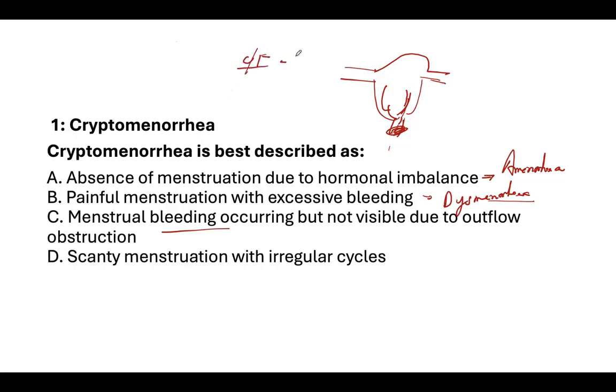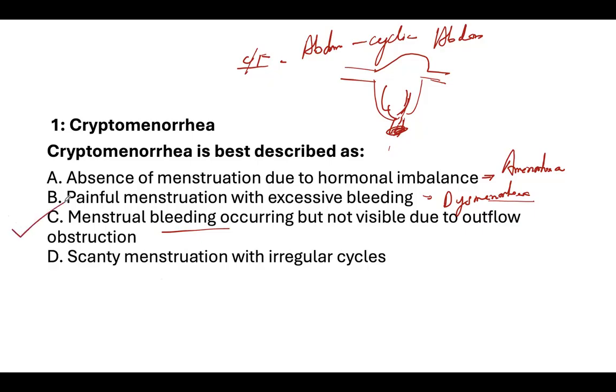The patient may complain of cyclic abdominal pain. This is mainly due to some obstruction. This is called cryptomenorrhoea.